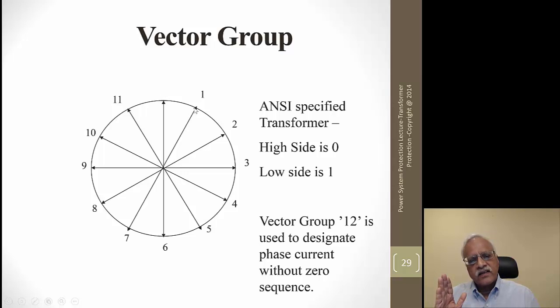If the winding has got 1, it is lagging the reference winding by 30 degrees; if it is 11, it is leading the reference winding by 30 degrees. If the polarity is reversed on the low side, the 11 becomes 5, so it is lagging the reference winding by 150 degrees.